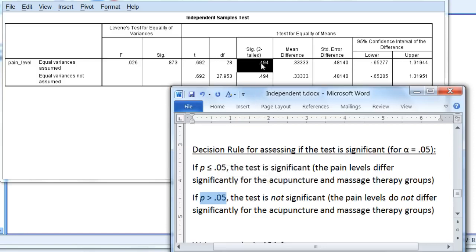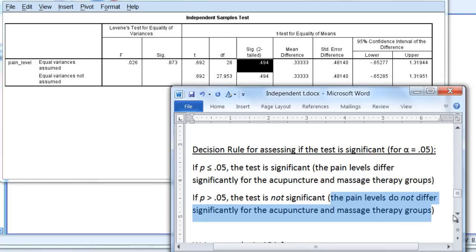So we see a p of 0.494, and of these two conditions, 0.494 is in fact greater than 0.05. Therefore, the test is not significant, meaning that the pain levels do not differ significantly for the acupuncture and massage therapy groups.